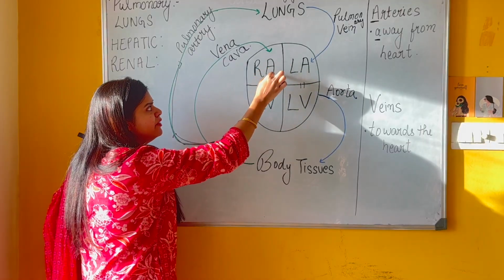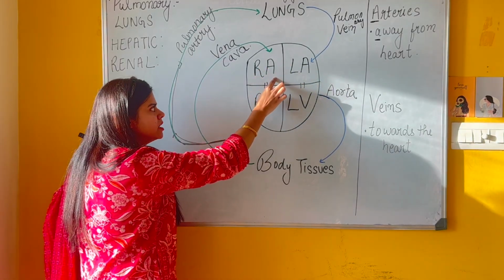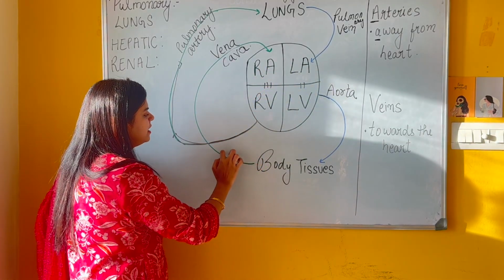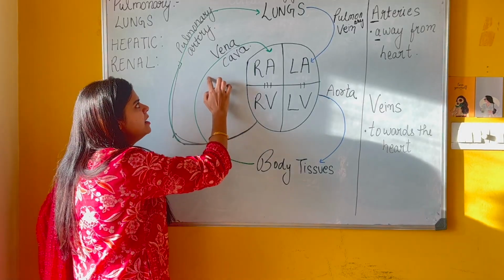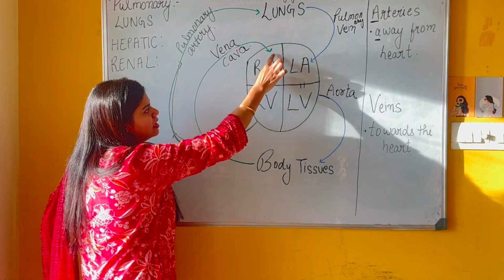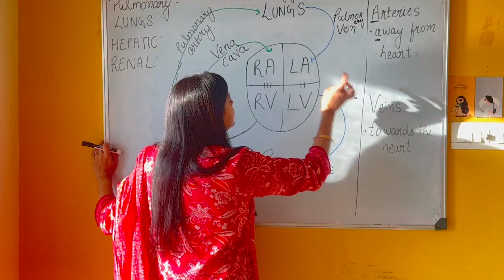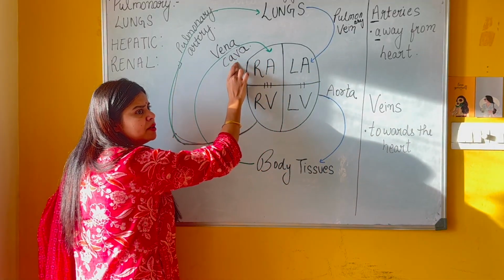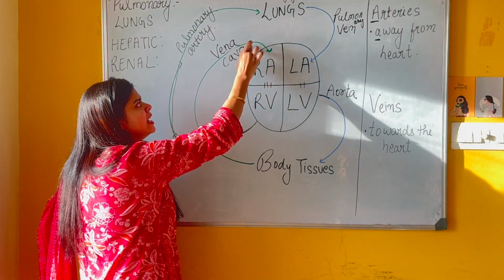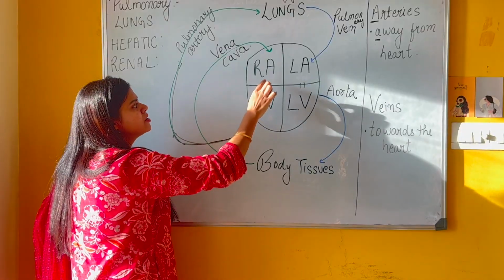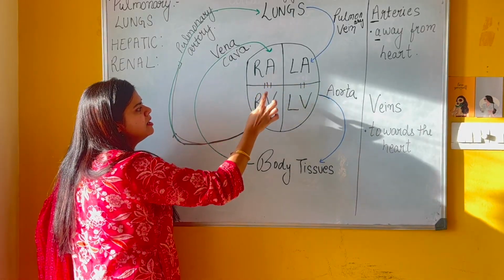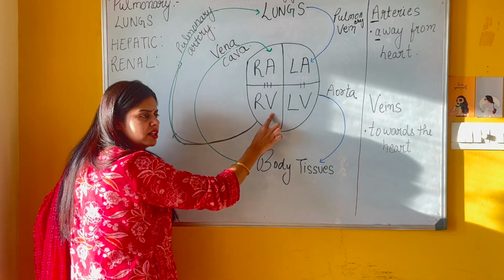Right side. Which chamber? Right auricle. So this blood vessel is carrying deoxygenated blood and taking it towards the heart. Towards the heart will be a vein. Which vein collects deoxygenated blood from your entire body? Vena cava. Now deoxygenated blood from the right auricle will come down to the right ventricle.